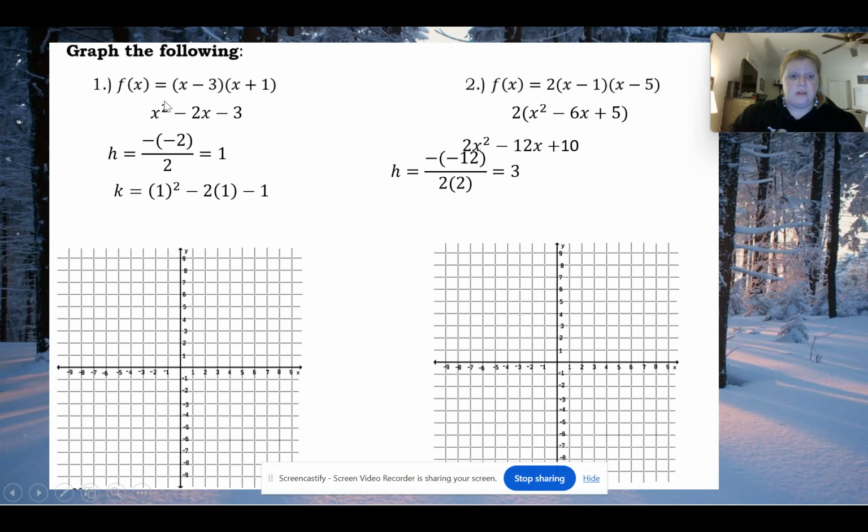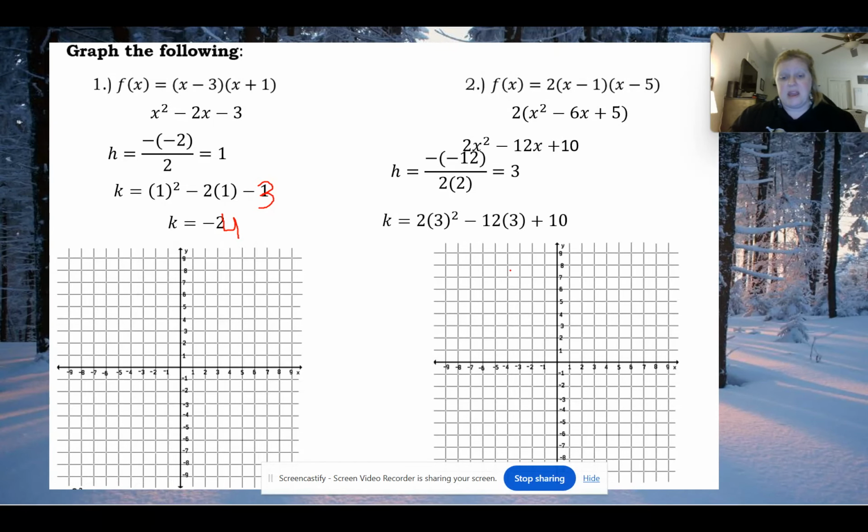So I'm going to do 1 squared minus 2 times 1 minus, and I'm sorry, this should be a 3. We're going to fix that right now. And when we simplify that, we should get 1 minus 2, which is -1, minus 3, which is -4. So my k is going to be -4.